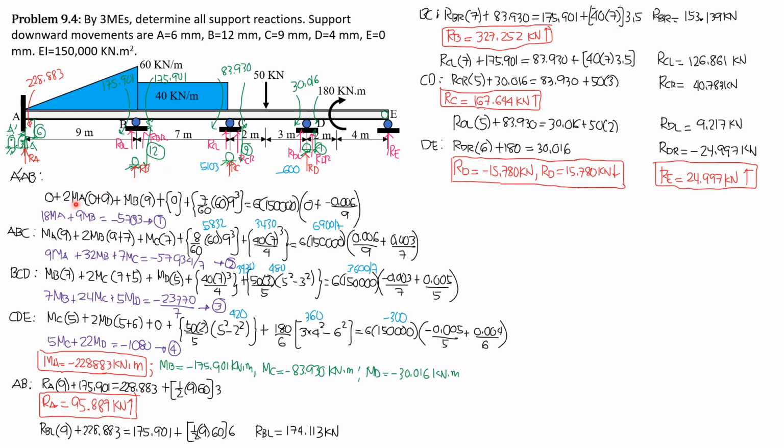Each L should be divided by I. Then plus MC times LBC over I, plus 6 area 1A over E1 I1 L1, plus 6 area 2B over E2 I2 L2.